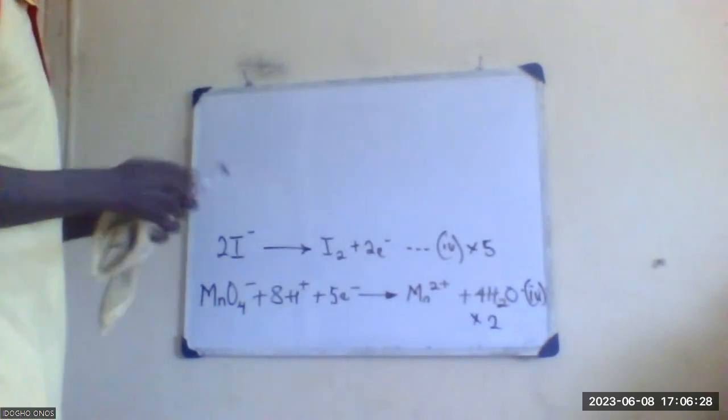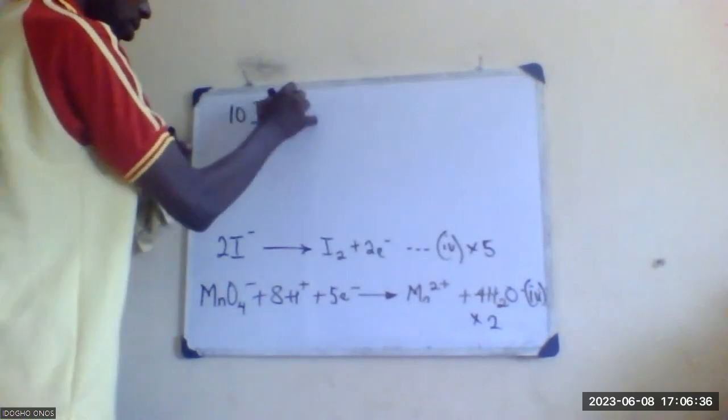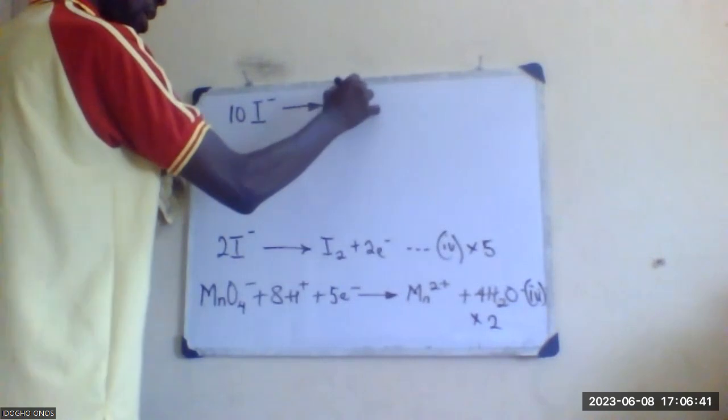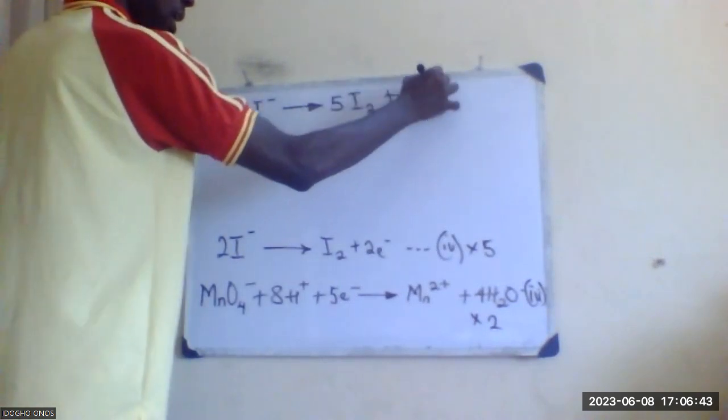If I multiply equation 4 by 5, it becomes 5 times 2, that is 10I-, which will give me 5I2 plus 10 electrons. I will call this one equation 5.